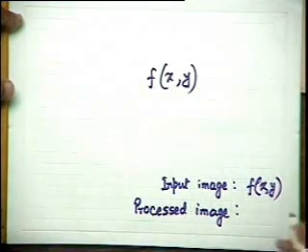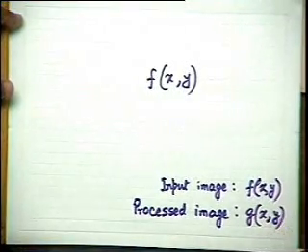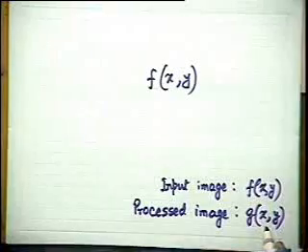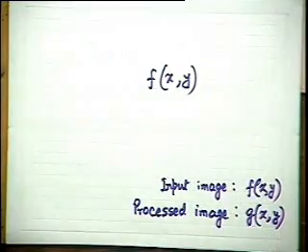The processed image I will write as g(x,y), where g(x,y) is the intensity value at the location x,y after processing. I repeat, g(x,y) is the image intensity value at the location x,y after doing the processing.